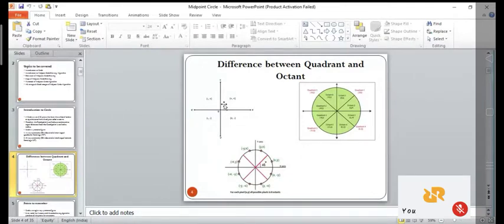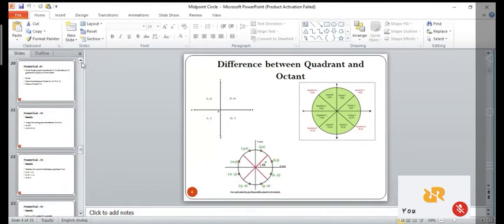So this is what we have studied with respect to quadrant and octant. Now we'll move on to the steps.